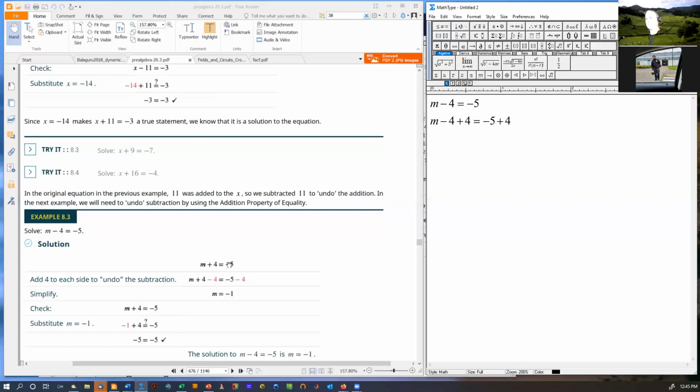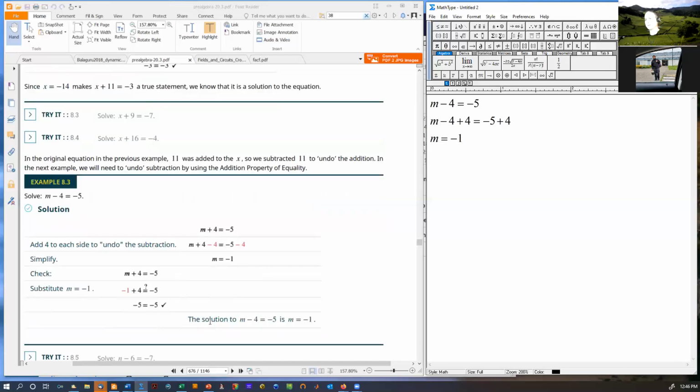They got this all messed up, right? But this is correct, and they get the correct answer here, even though they didn't do this part right. So m minus 4 plus 4 equals -5 plus 4, right? So m minus 4 plus 4 is m, and -5 plus 4 is -1. And that makes this original equation true. -1 minus 4 equals -5. Okay, -5 equals -5. So the solution to m minus 4 equals -5 is -1, right?